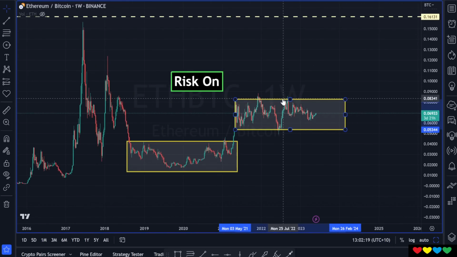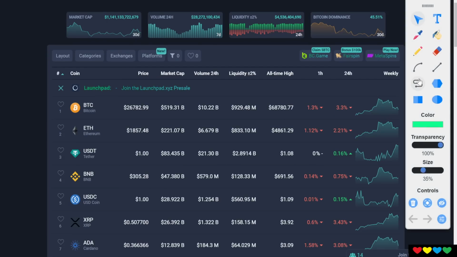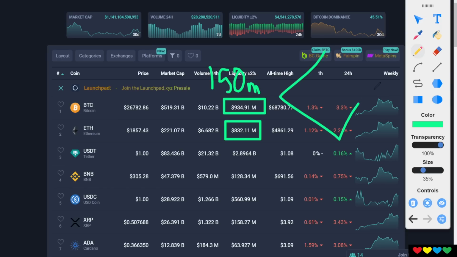Because now that you've seen the liquidity up here, it's super thick. If you told me $450 million for Bitcoin, I would have guessed only $150 million for Ethereum. But actually, it's $450 million for Ethereum.